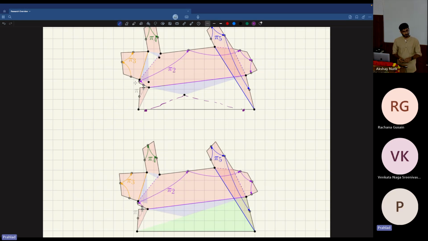So can't we add a parallel to the thick purple line outside the polygon?